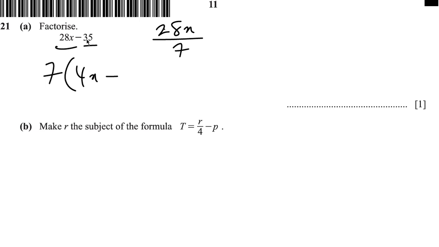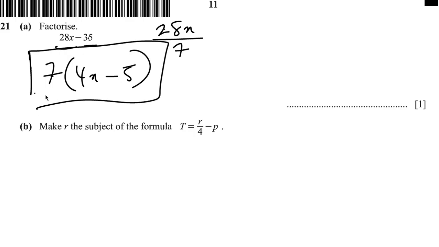And negative 35 divided by 7 is 5. So 7 into 4x negative 5. Then you must ensure that there are no longer common factors in the brackets. You can see that the only common thing between 4 and 5 is a factor of 1, and that's not going to change anything, right?